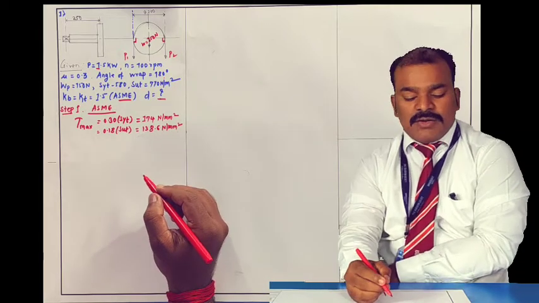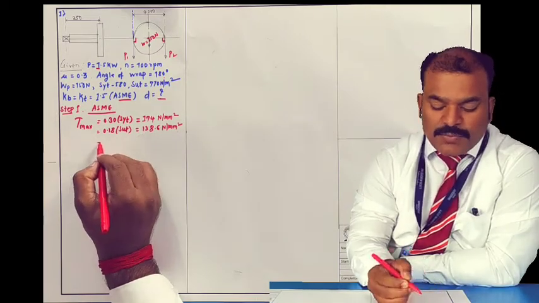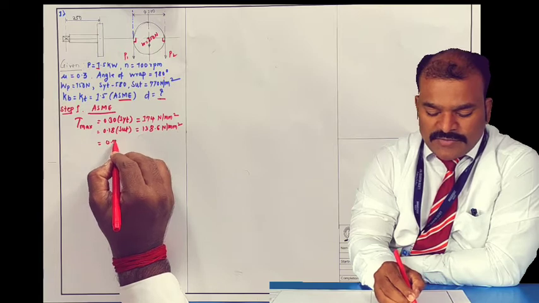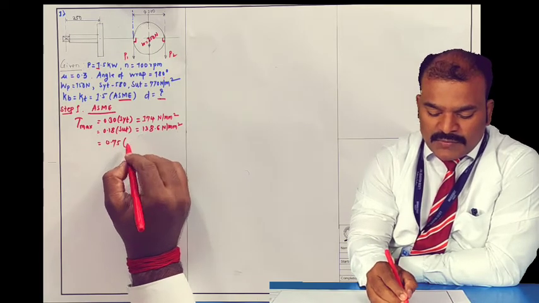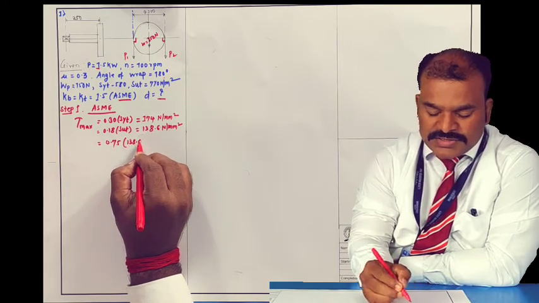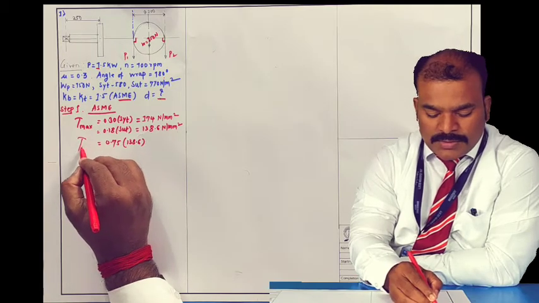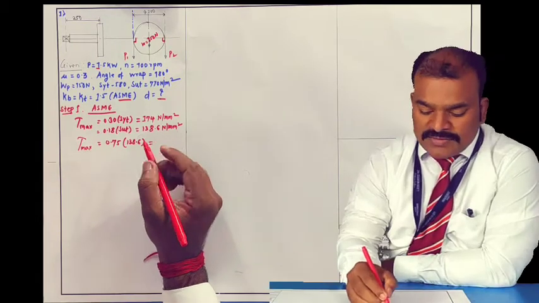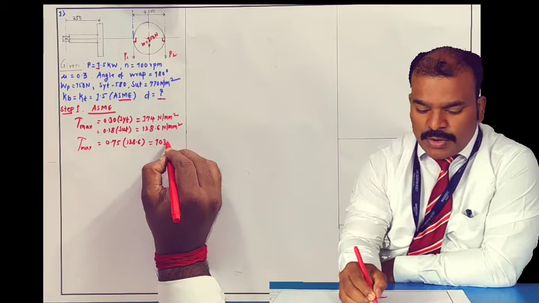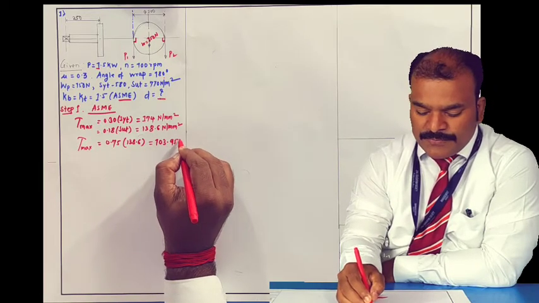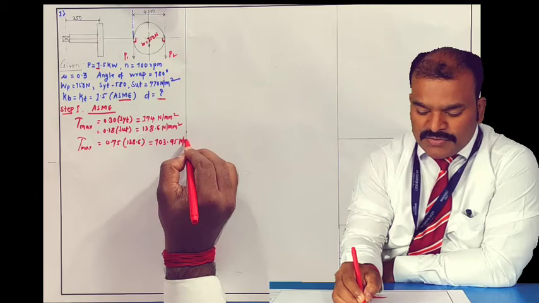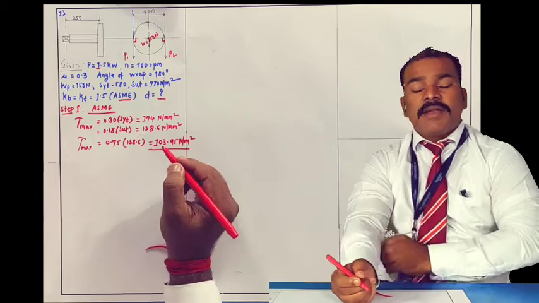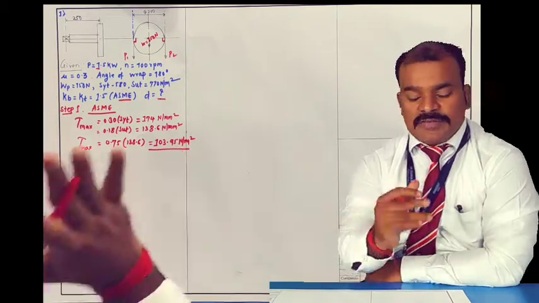So these are the two values. We'll select the minimum of them and reduce by 25%. It will be 138.6 multiplied by 0.75, which gives tau max as 103.95 Newton per mm square. Correct? So here the ASME code step is completed.